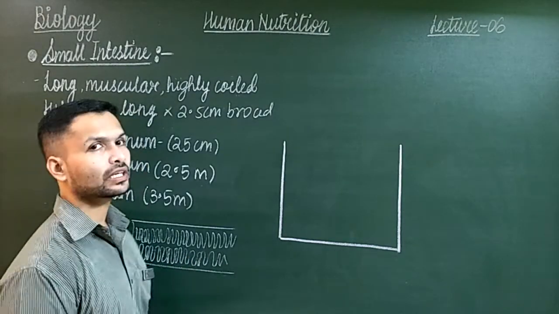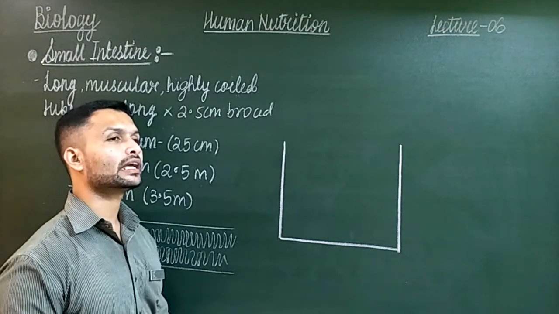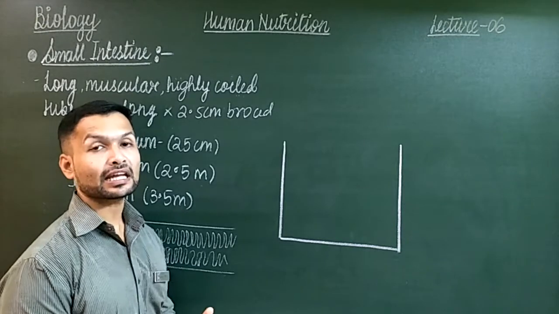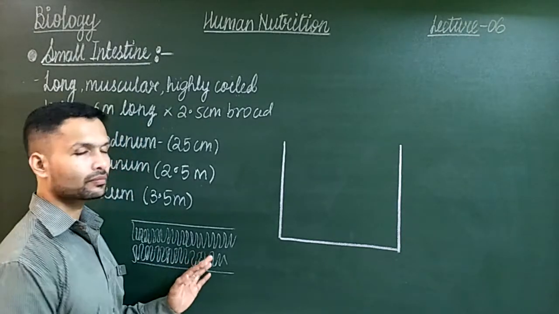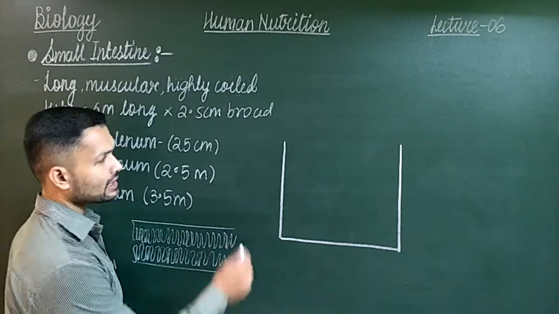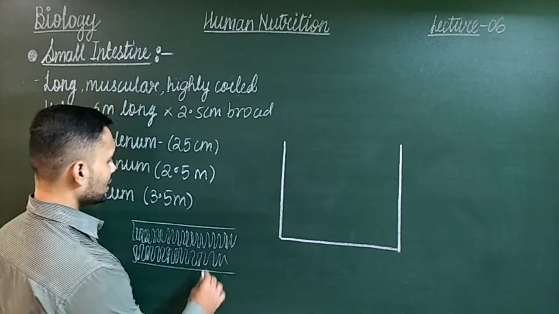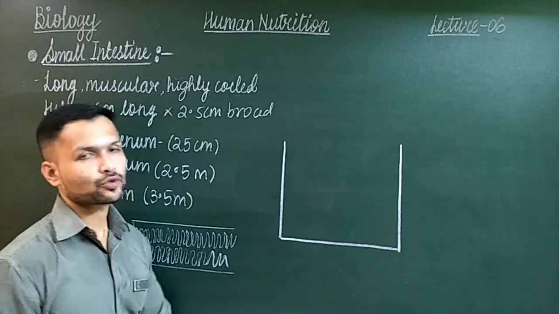The length of the intestine is 6 meters, but it looks like the food has to travel an 18-meter long tunnel, because of these folds, finger-like structures known as villi, which I will be drawing shortly over here. These villi help to increase the surface area and help in absorption.